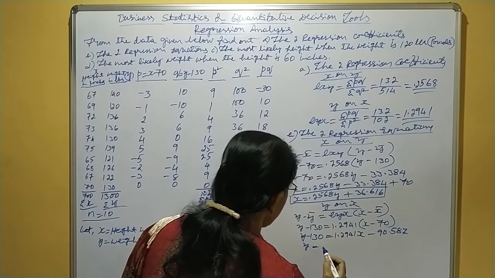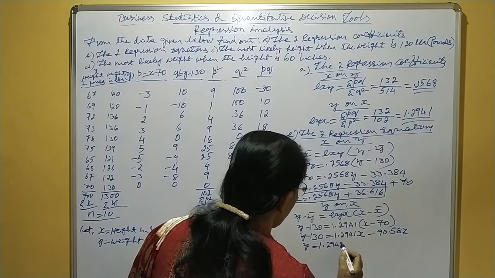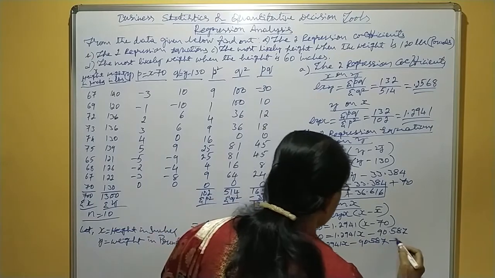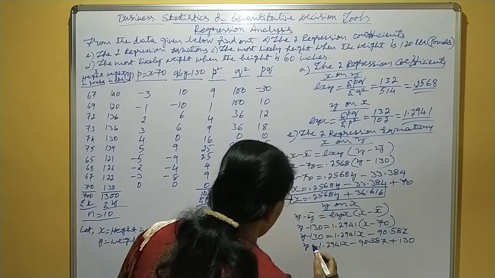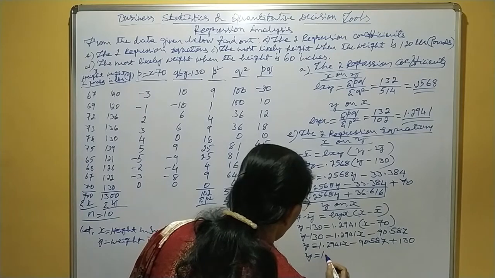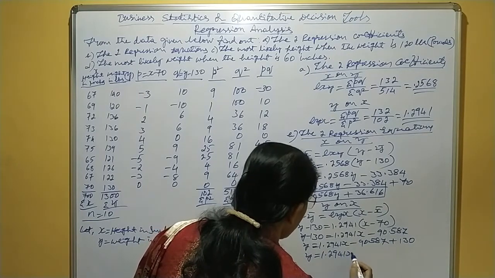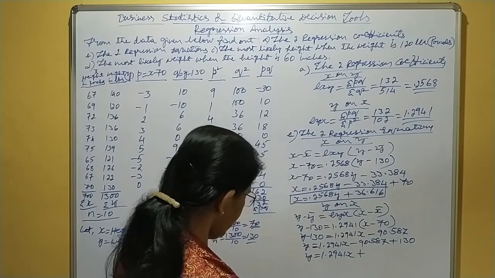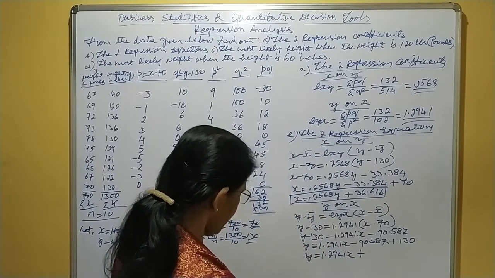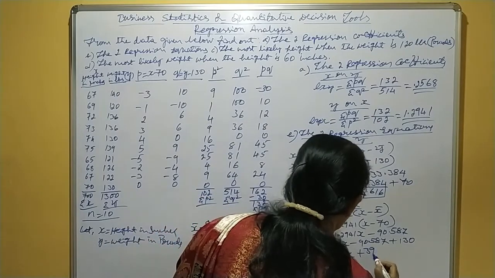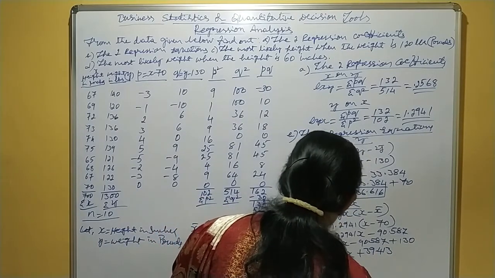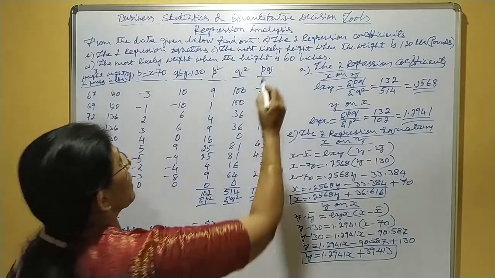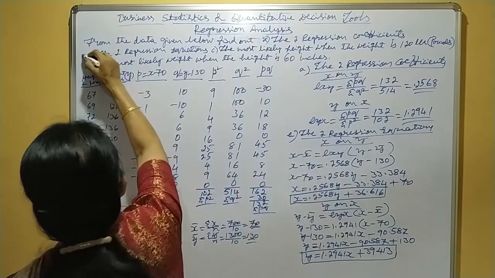Now y equals 1.2941x minus 90.587. This is plus 130. Y equals 1.2941x. Here highest value sign is plus. Take the difference, minus 130, 39.413. This is the regression equation of y on x. Now first question is over, second one is over.